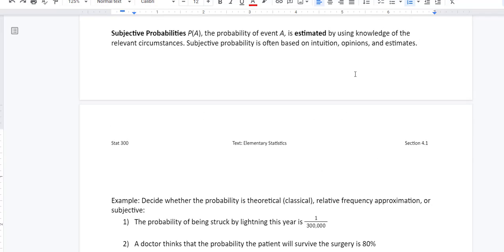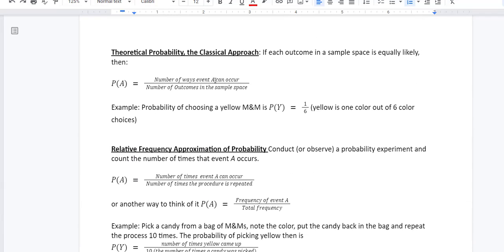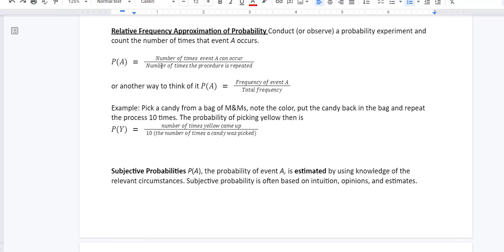So let's look at the definitions. So classical is the number of ways event A can occur, so being struck by lightning, divided by the number of outcomes in the sample space. We don't really have the entire sample space, right? So probably not that one. Number of times event A can occur, number of times the procedure is repeated. So this sounds more like it, right?